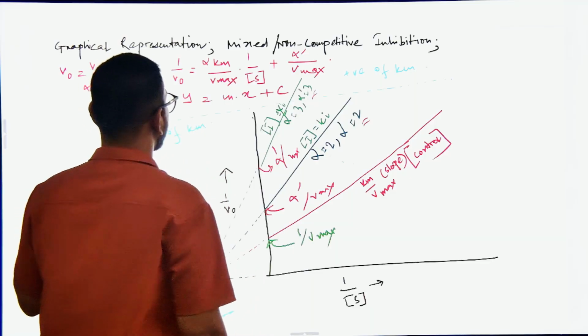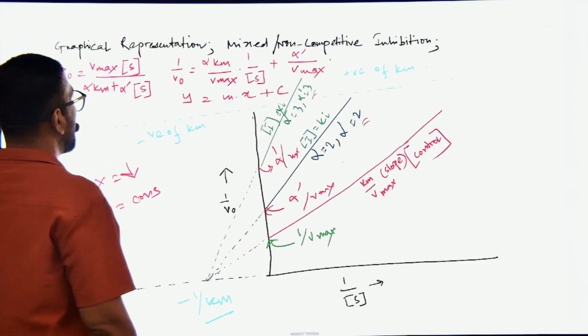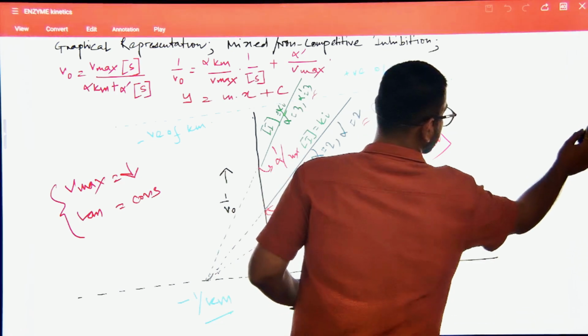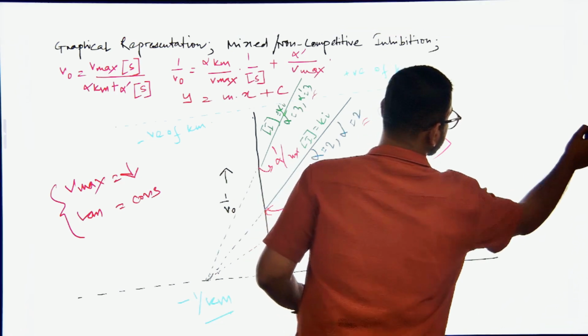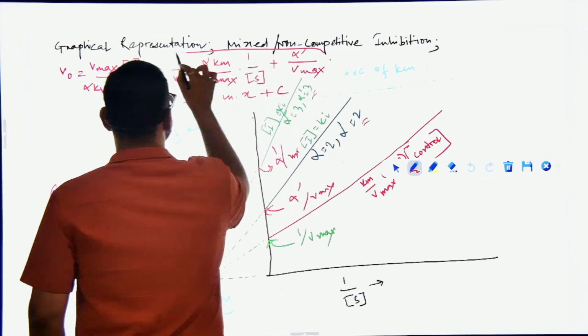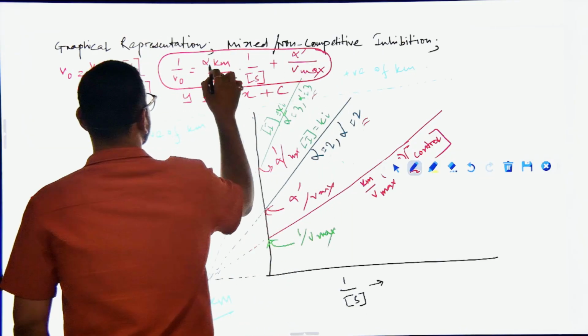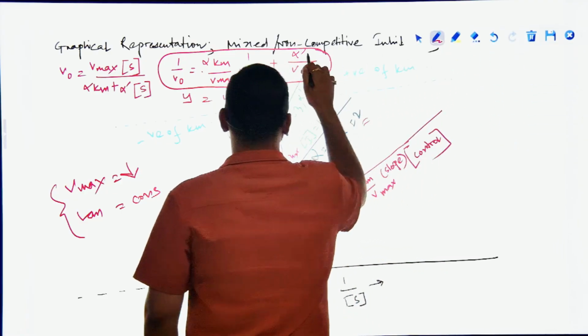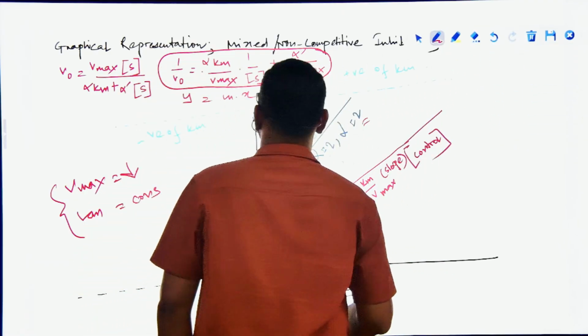So the final output is 1 by V naught equals alpha into Km, alpha for competitive and alpha dash for uncompetitive.